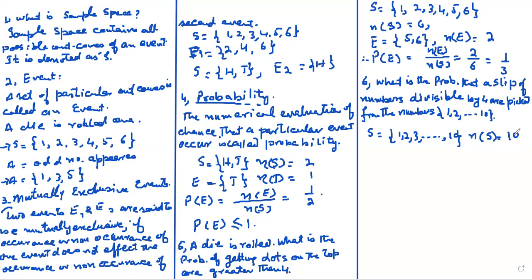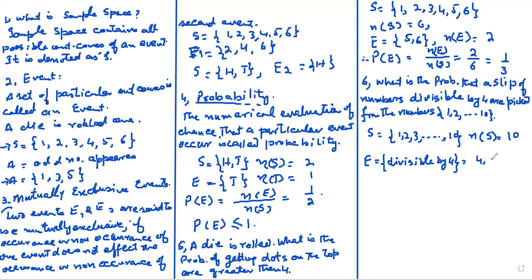So there are 10 slips. Now we want to pick a slip divisible by 4. That is 4 and 8 only.